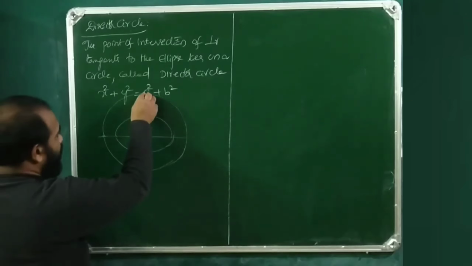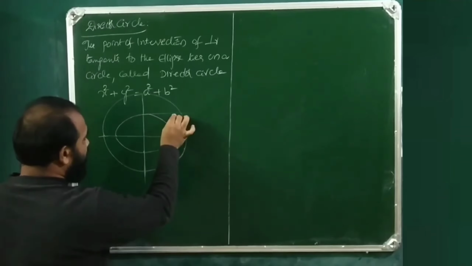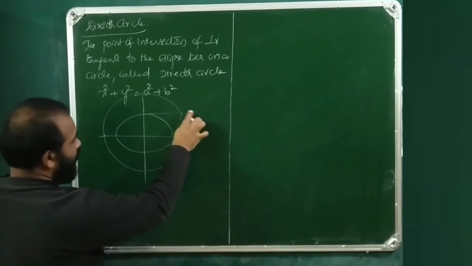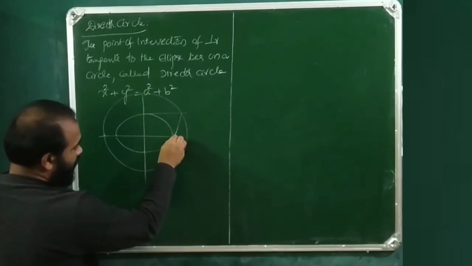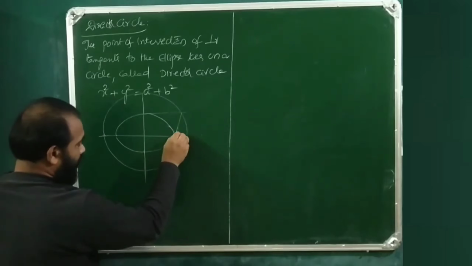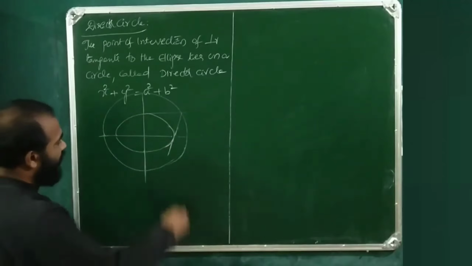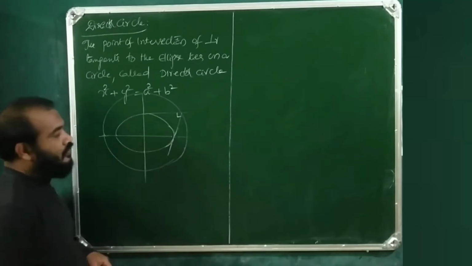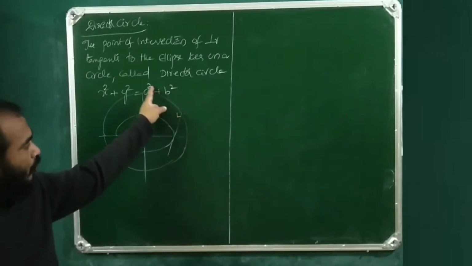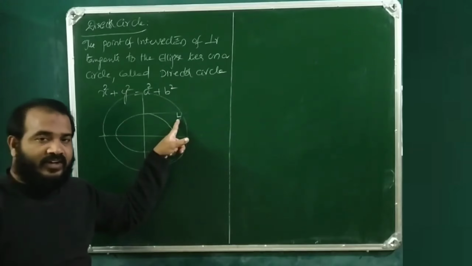That means this perpendicular tangent and this perpendicular tangent. This is the tangent and this is the tangent, and these two are perpendicular. So the locus of all the points of intersection of the perpendicular tangents lies on a circle called the director circle.